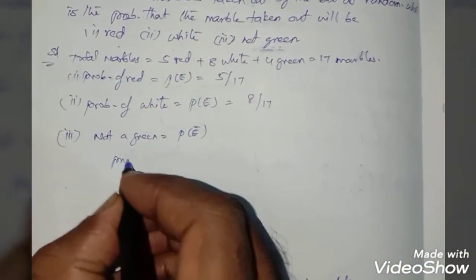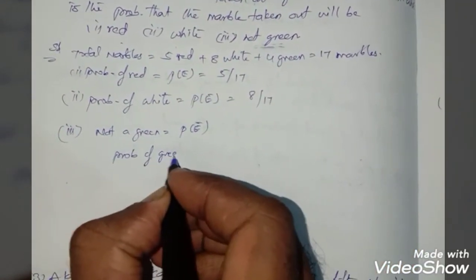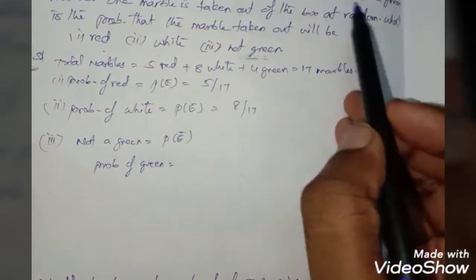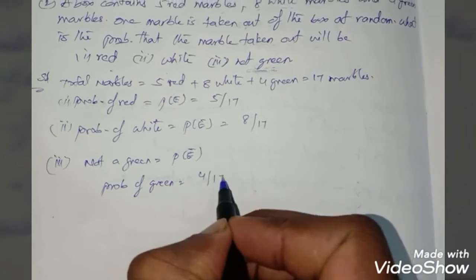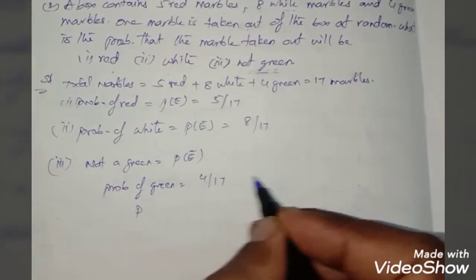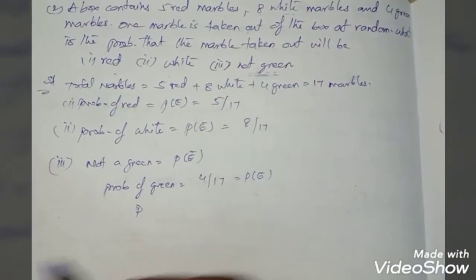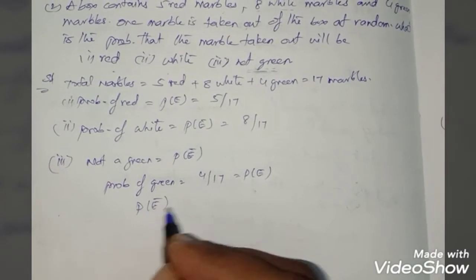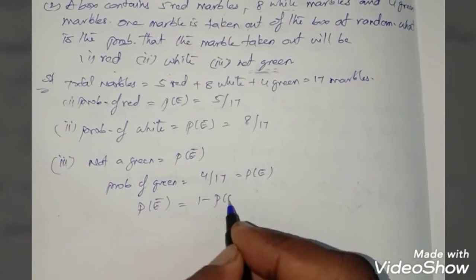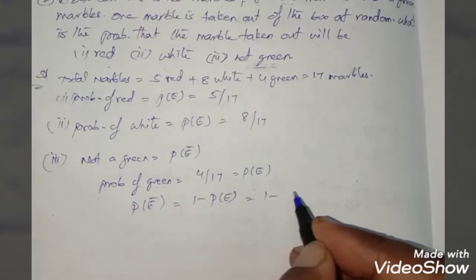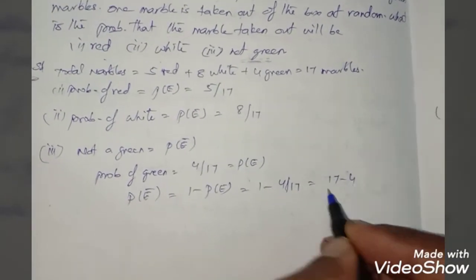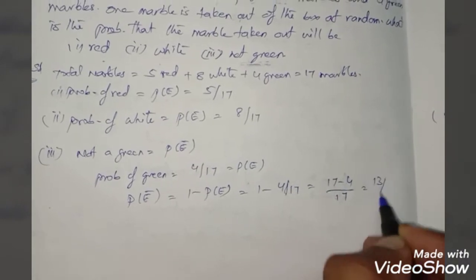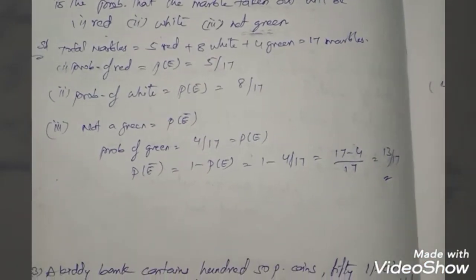So the probability of green is, now total green marbles is 4, so I can write 4 by 17. Now the probability of not a green is 1 minus P of E, that is 1 minus 4 by 17, that is 17 minus 4 by 17, which is 13 by 17. So like this you find your answer.